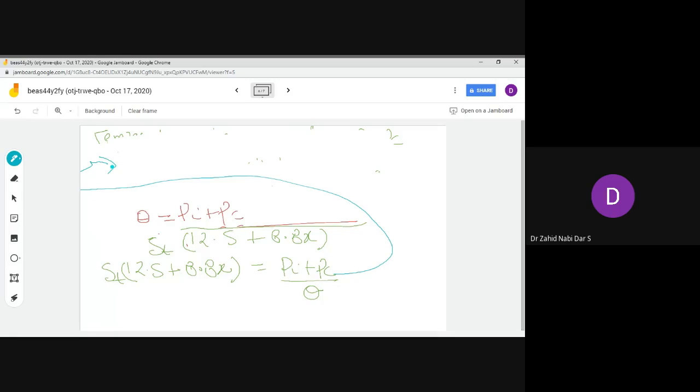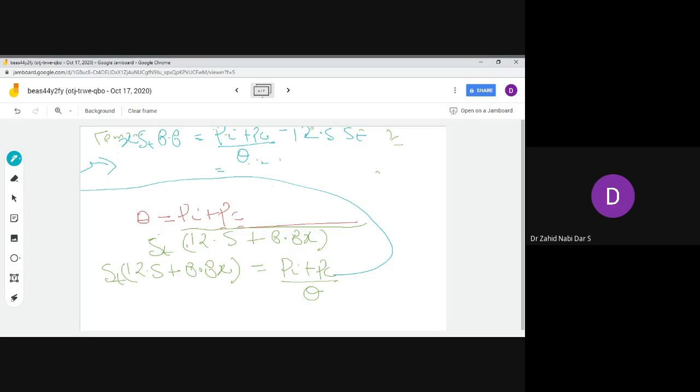So we can happily generalize this equation as 8.8 x st is equal to pi plus pc minus 12.5 st, divided by theta.